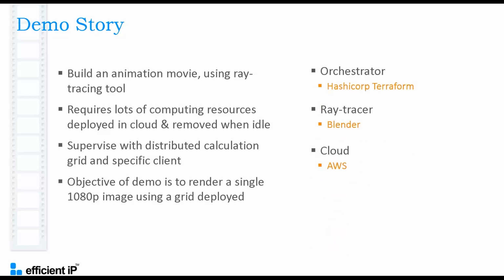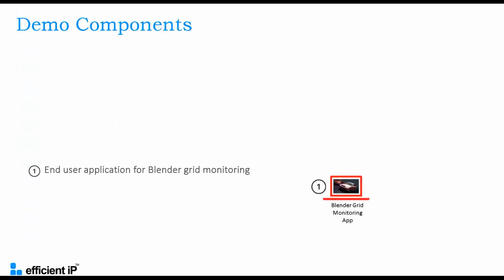Okay, so seems straightforward enough. We're going to use Terraform as an orchestrator. We're going to use Blender as a ray tracer, or as the editing aspect. And then we're going to use the AWS cloud as our target for our virtual machines that we're going to be creating. So first of all, demo components. Number one, we need a grid or a management tool for our Blender software.